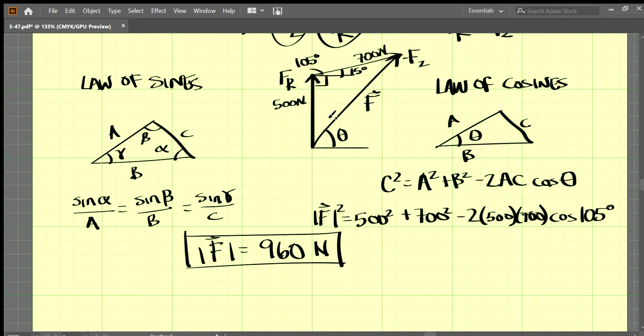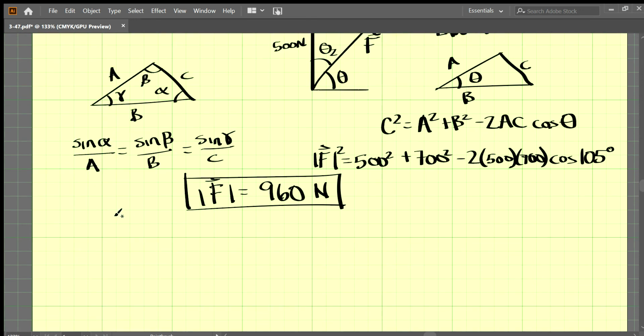We know what this angle is, and we know what F is, so we can use that. We know that this is 700 newtons up here, and we can use that to find this angle here, which I'm just going to call theta 2. The angle that we're looking for is theta, but theta 2 and theta add up to 90 degrees. Okay, so let's do that.